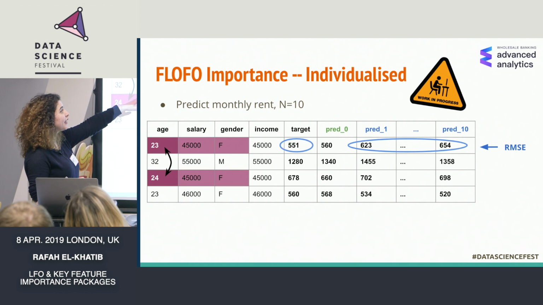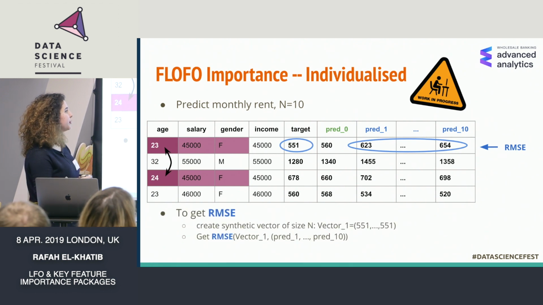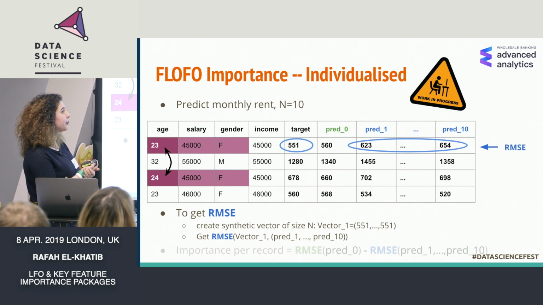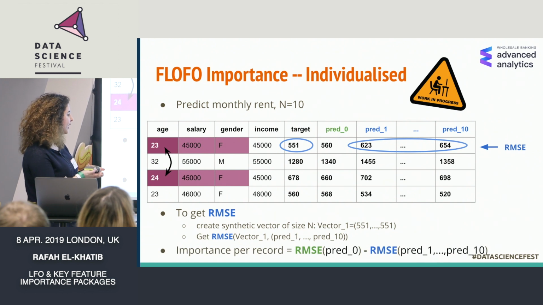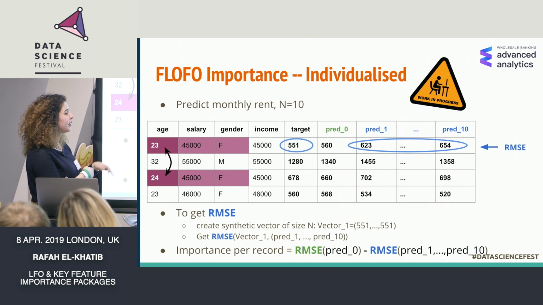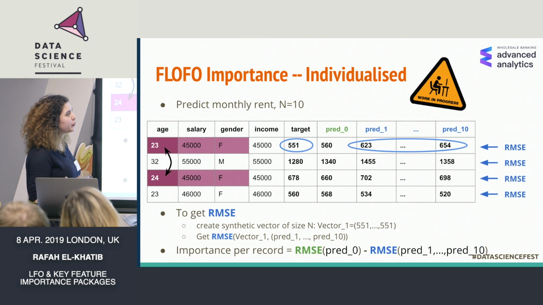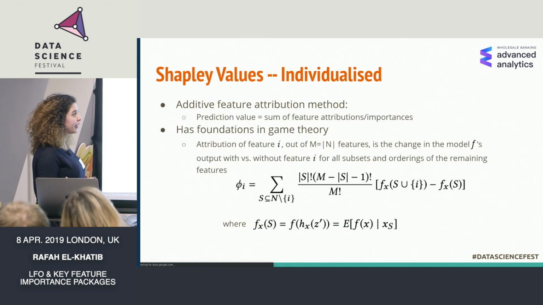So we synthesize a vector, which is the target replicated 10 times, 551 10 times, and you have these 10 predictions, and you put these two vectors into the RMSE performance metric, and you get the new performance vector. And then to get the importance per record, we take the mean out of the difference of the RMSE, sorry, not the mean, the difference of the RMSE of before and after, unpermuted versus permuted. So we're still working on that, and we also want to develop a visualization for that.